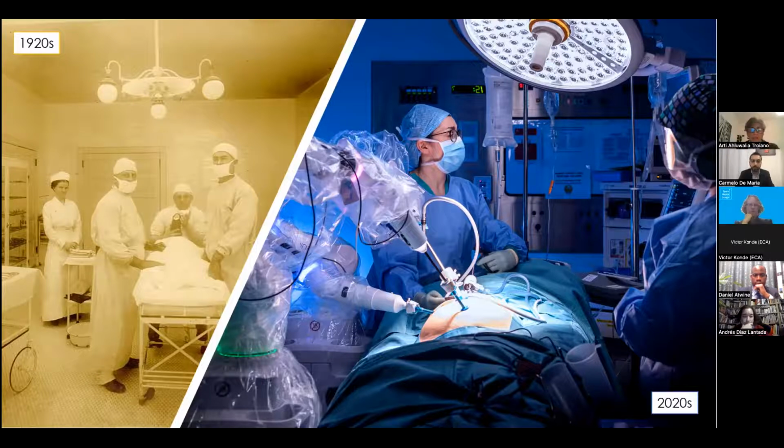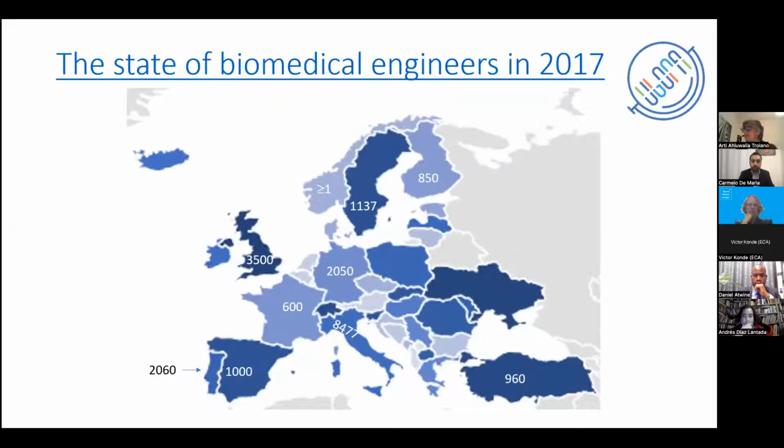So just to stress this fact, here are some data on the state of biomedical engineers in Europe in 2017. This is data from the World Health Organization. Basically, the World Health Organization sent a survey to all the member countries, asking them to do a census of biomedical engineers in each country.